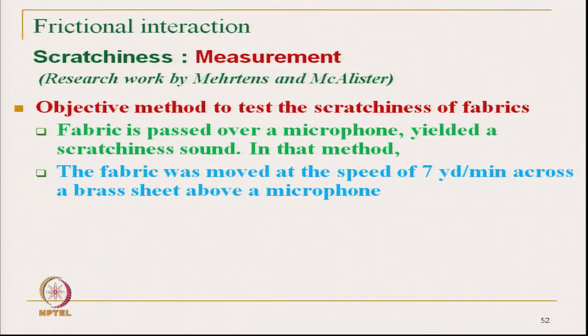The fabric was moved at a speed of 7 yards per minute across a brass sheet placed above a microphone.